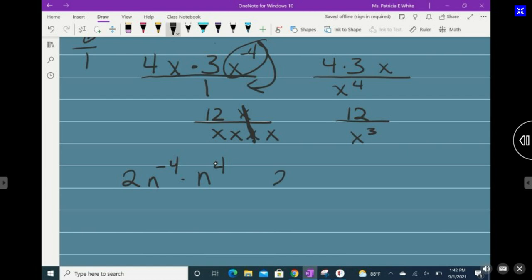So 2 n to the 4 over n to the... Now do I need to expand them out? Aren't they exact same things right there? When I divide anything by itself, even pi, what do I get? 1. So what's 2 times 1?